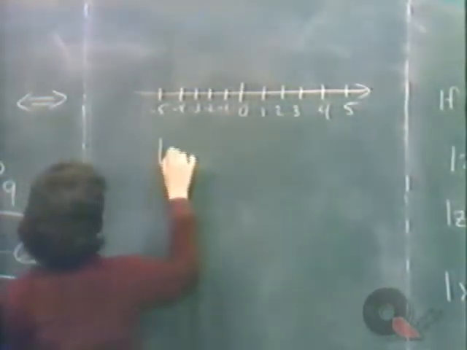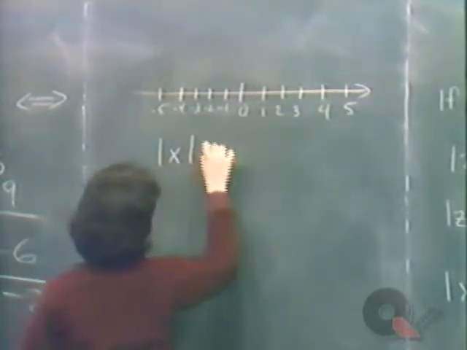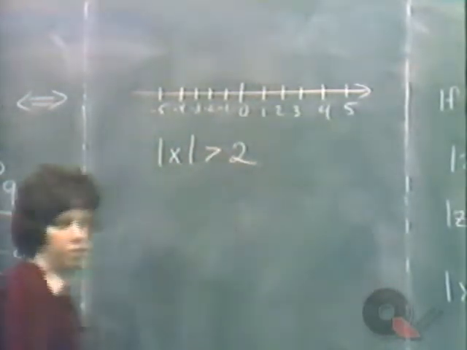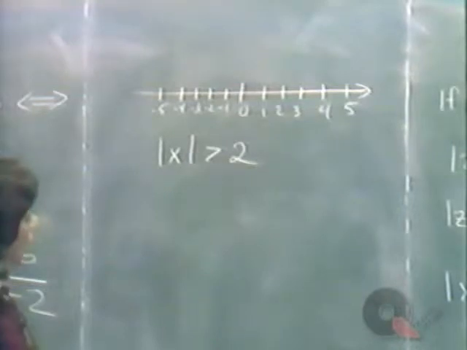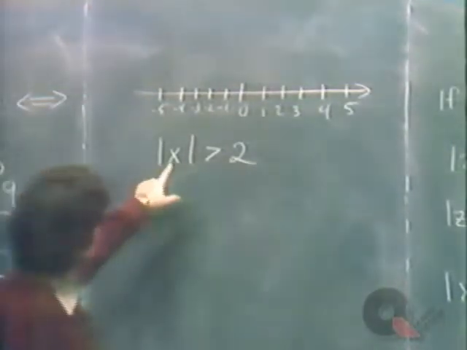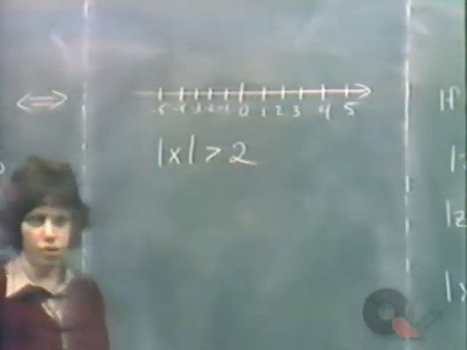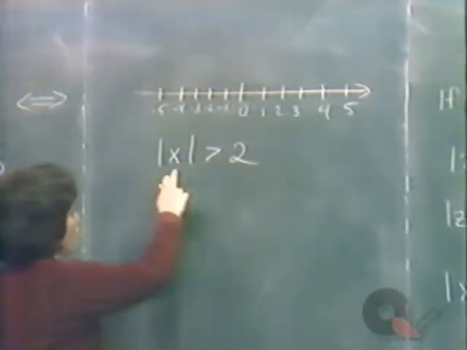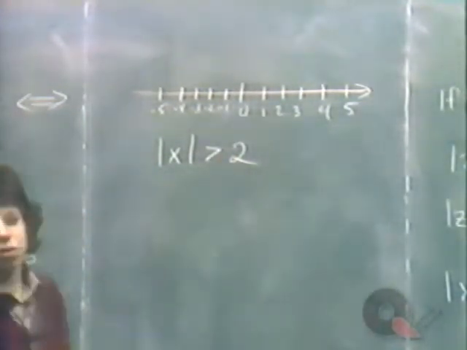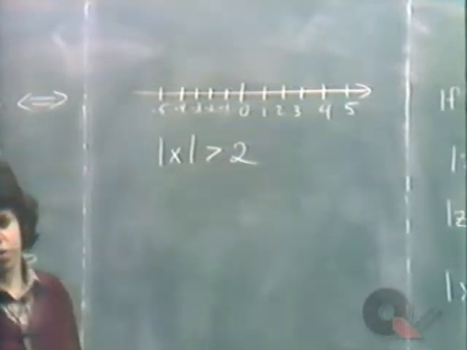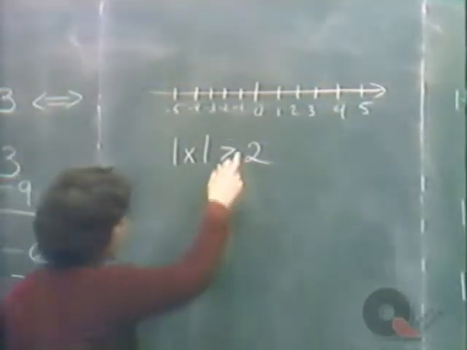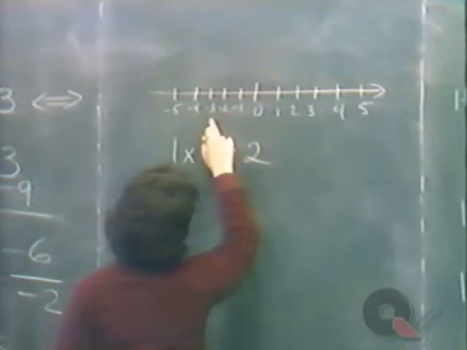The absolute value of x is greater than 2. This means the distance between x and 0 is greater than 2, or x is more than 2 units away from 0. X has to be more than 2 units away from 0.